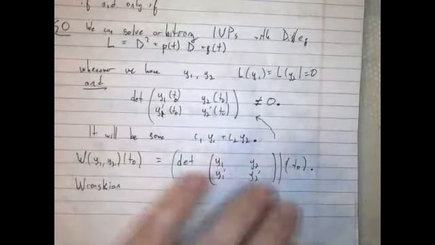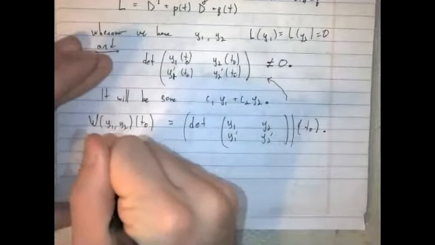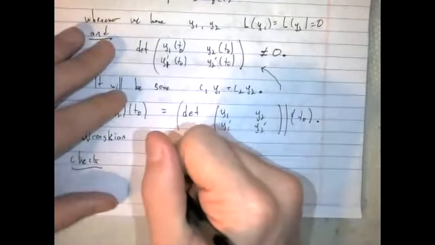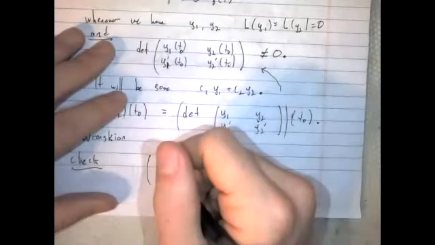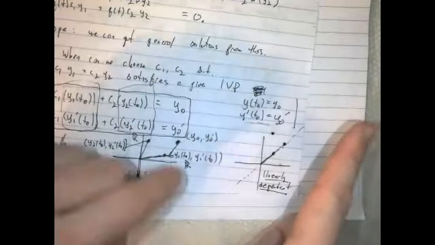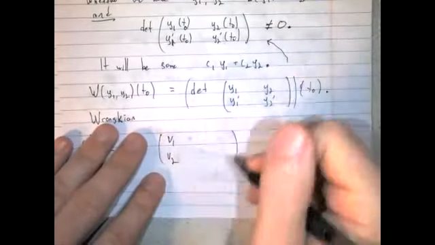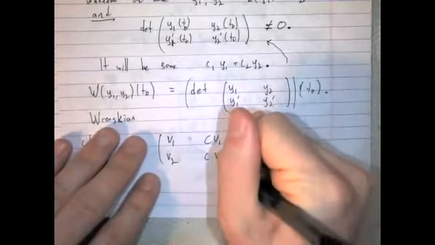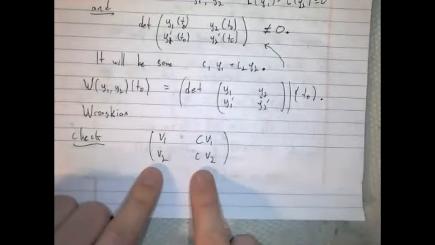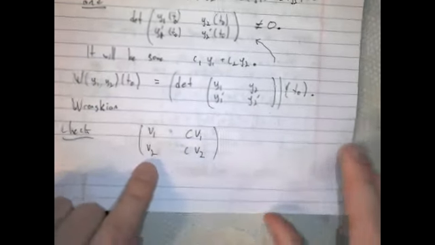And this is a pretty easy one to check. This is easiest in the two-dimensional case, but it generalizes. So what does it mean for two vectors to not be linearly independent? In the two-dimensional case, the only way for two vectors to not be linearly independent is for one to be a scalar multiple of the other, right? So if we have v1, v2, and then cv1, cv2, we expect these to be linearly dependent vectors.